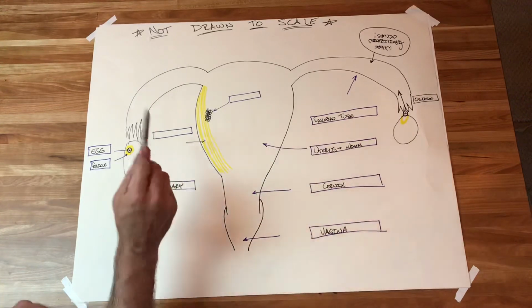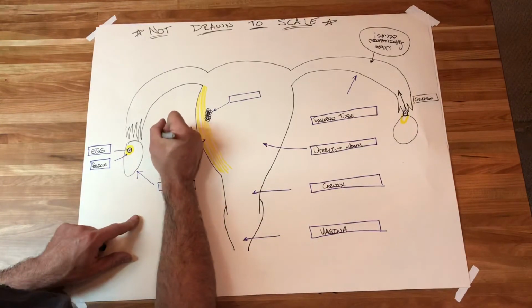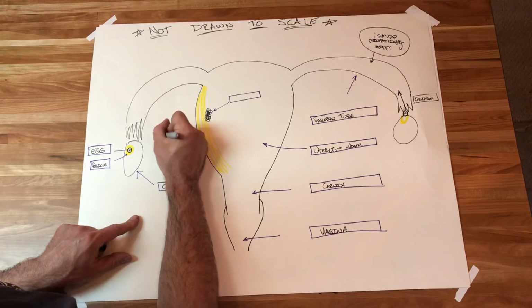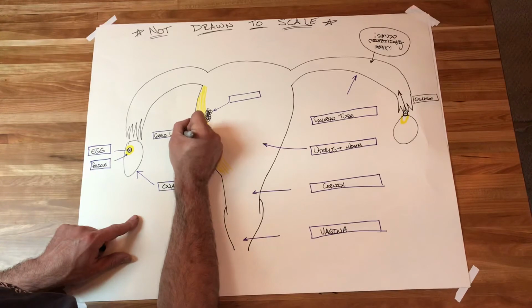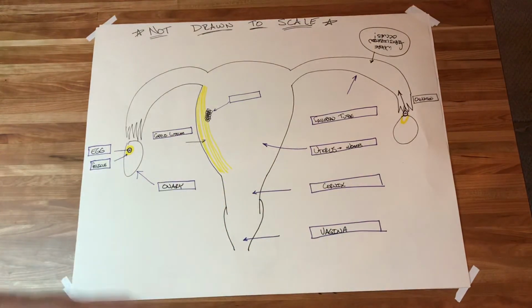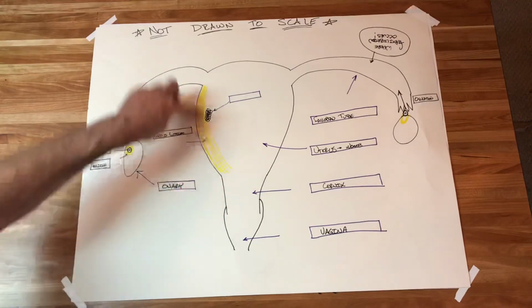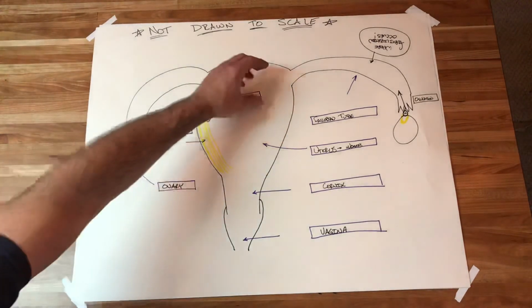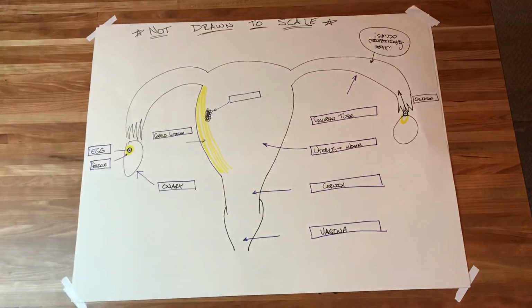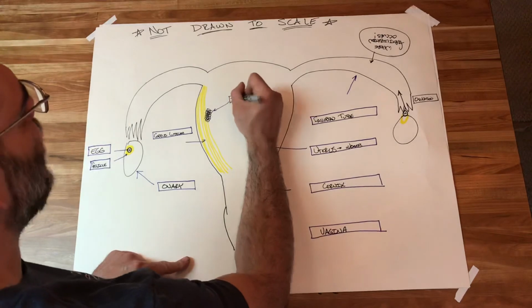And then during that time, we have the buildup of what is called the corpus luteum. That stands for yellow body. Corpus, body. Luteum is yellow. The yellow body is building up for the process of this fertilized egg to implant.